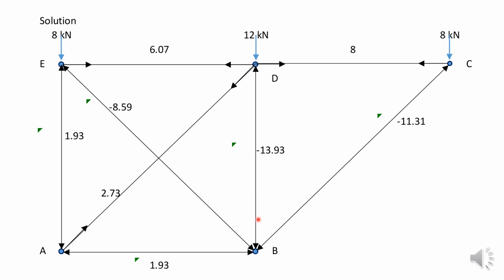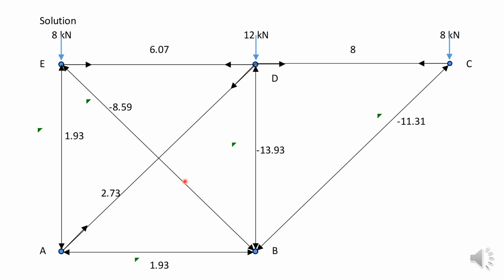And notice here that you have an external force of 12 kilonewtons, which is transmitted through this member BD to the support at B. In this case, the 12 kilonewton compressive force is increased to 13.9 in BD. That's due to the influence of these Stroop forces.